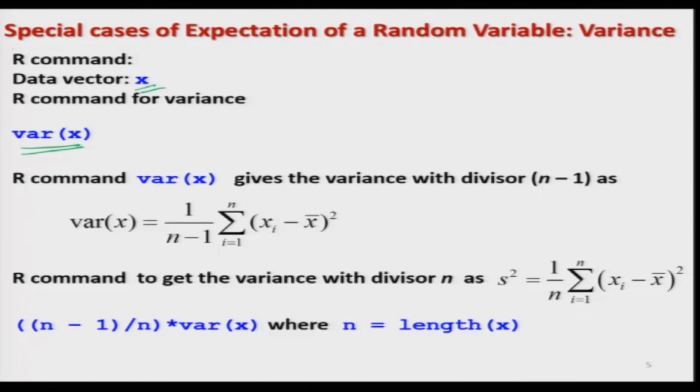So, my request today and for all the lectures is that I will be handling the most simple case, because I want you to understand. But once you understand, you must look into the help menu of the variance command or any command, and see what it is trying to inform you.